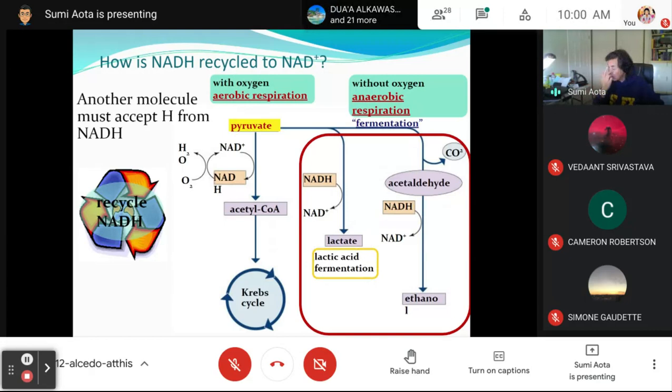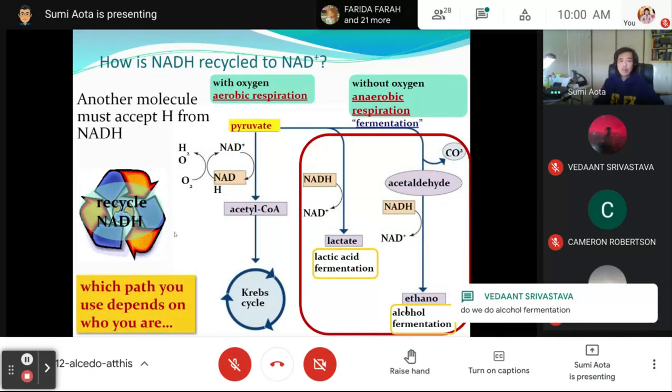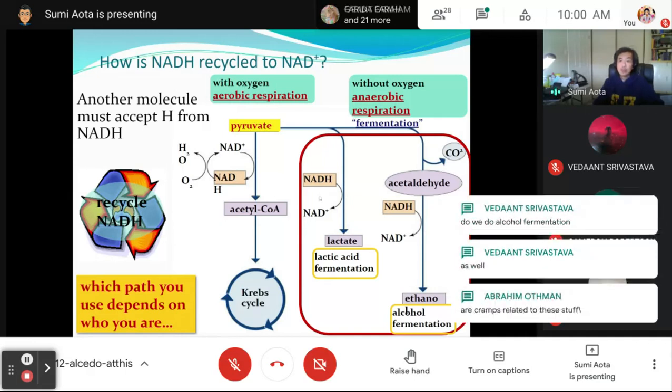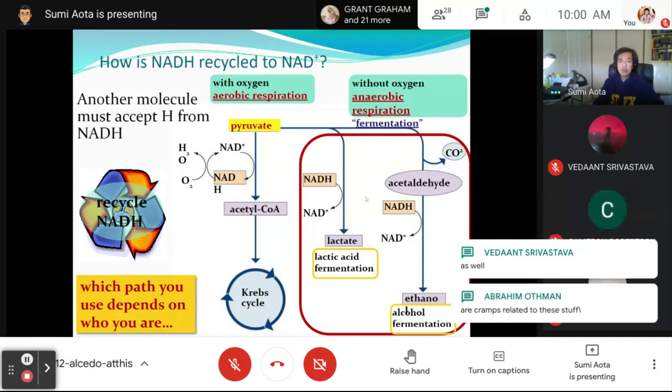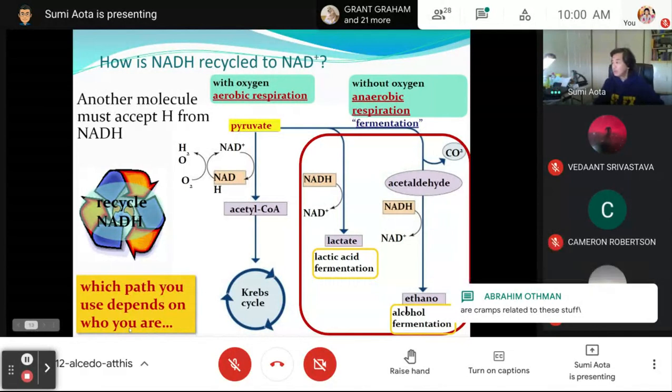You can either do lactic acid fermentation or alcoholic fermentation. Those are the two options that we have. There are actually a couple others, but they're so specialized we don't talk about them in this course. Which pathway you use between these two depends on who you are.